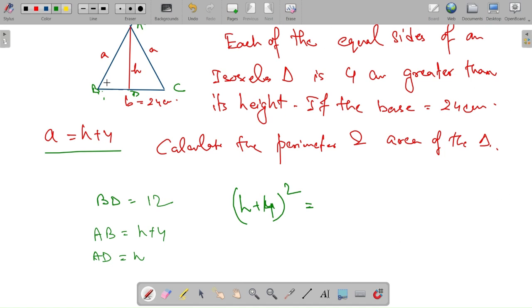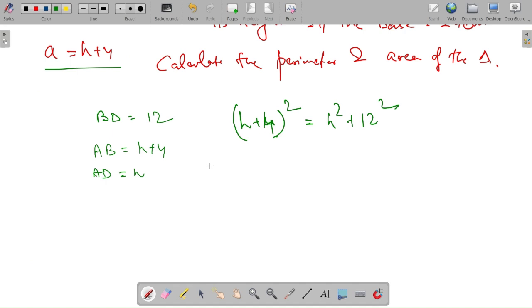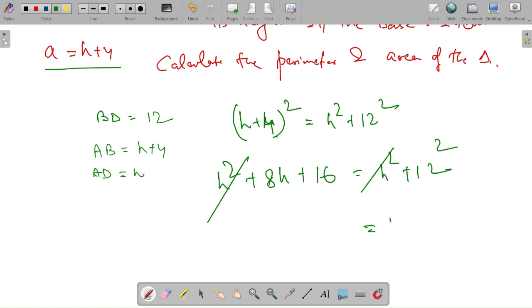You can write that a square is equals to h square plus 12 square. So h plus 4 whole square is equals to h square plus 12 square. Your square will anyway cut because you will get h square plus 8h plus 16 equals to h square plus 12 square. H square cuts. What is 12 square? 144 minus 16 is equals to 8h.